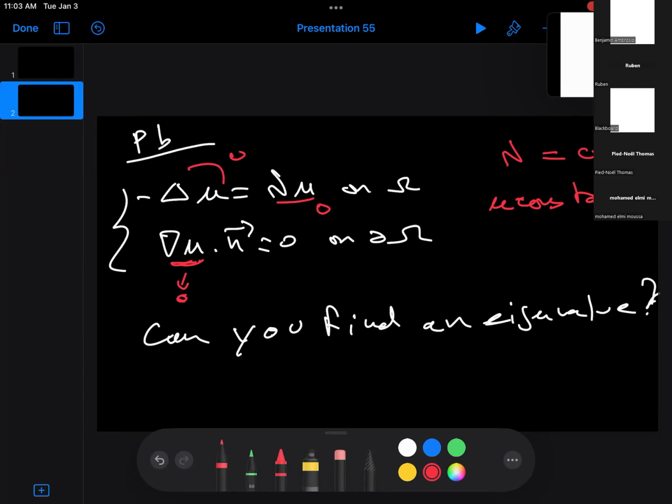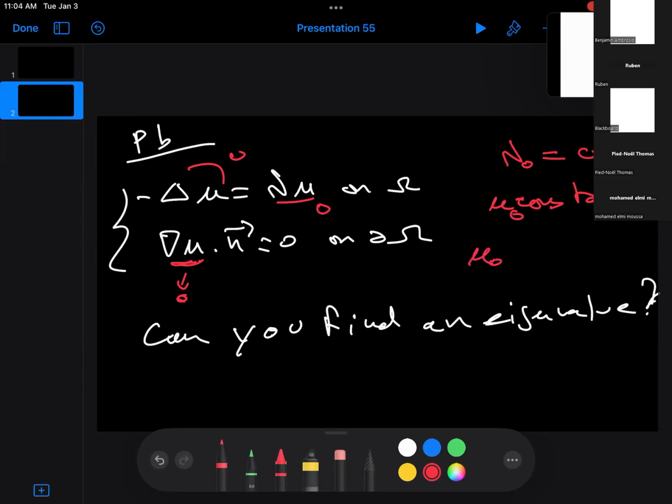So when u is constant, any constant function u is an eigenfunction of my problem with the associated eigenvalue 0. So I will write now lambda 0 equals 0 and u0.